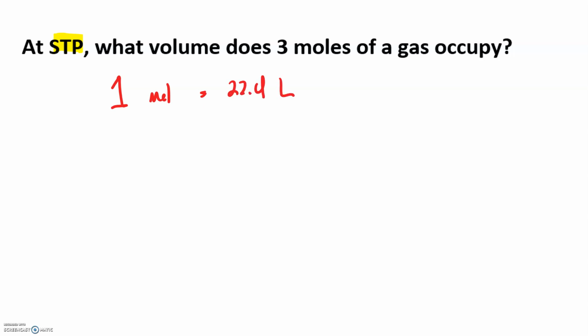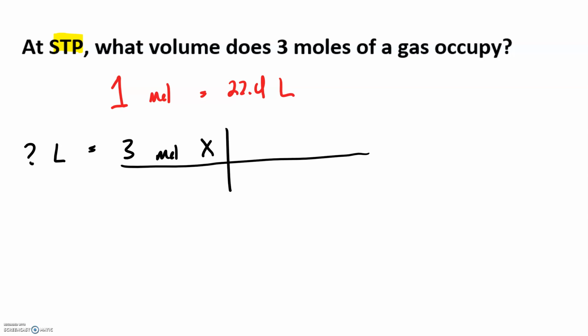So in a question like this, we would be saying how many liters would be the equivalent of 3 moles of any gas? It doesn't matter. And we're at STP, so we know that at STP, 1 mole of whatever gas we're talking about would be 22.4 liters. Make sure you have a calculator handy.